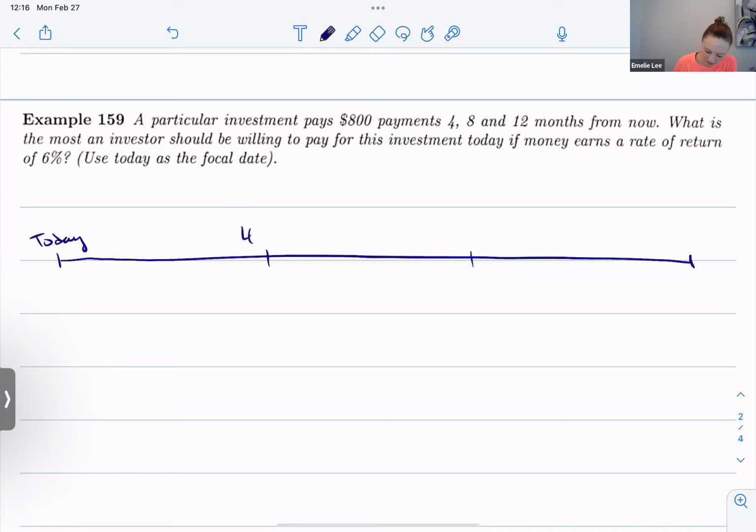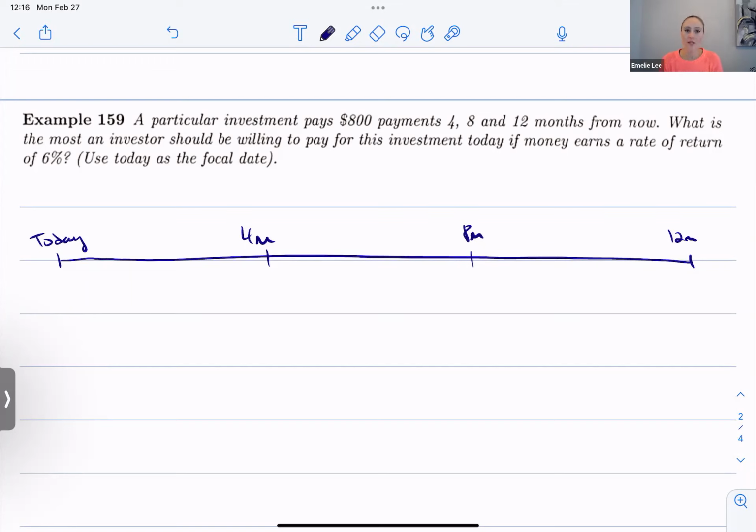Okay, so it doesn't really matter. 4 months, 8 months, and 12 months from today. Okay. So the dates go up top. Okay. We're working online, so I'm not going to be marking your timelines necessarily. But it's just a good skill to have, to be able to make timelines properly.